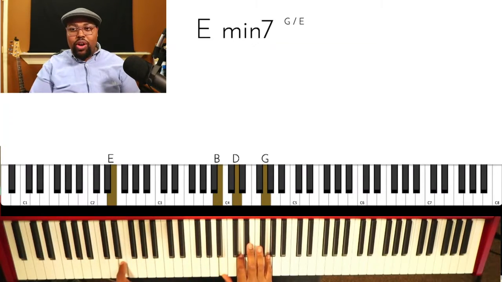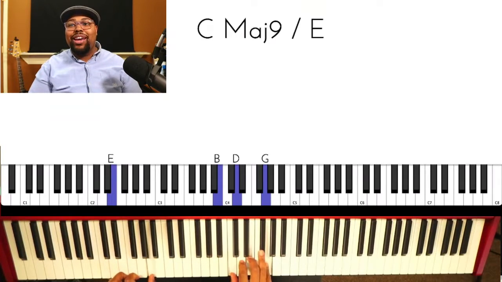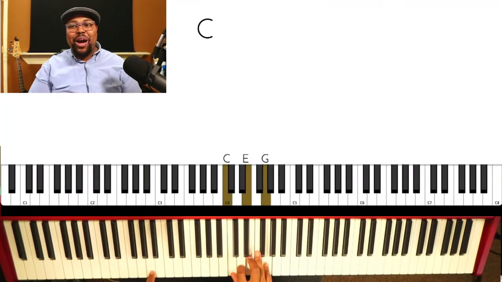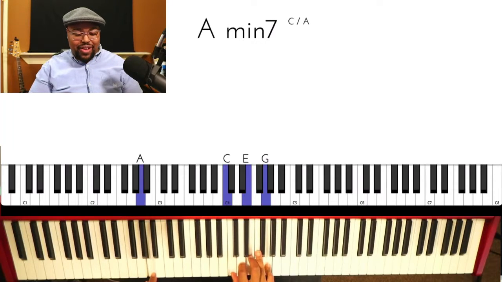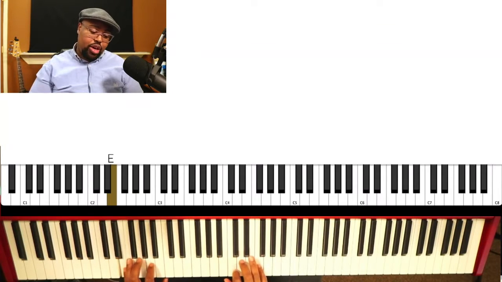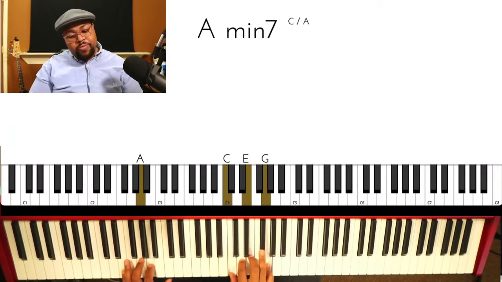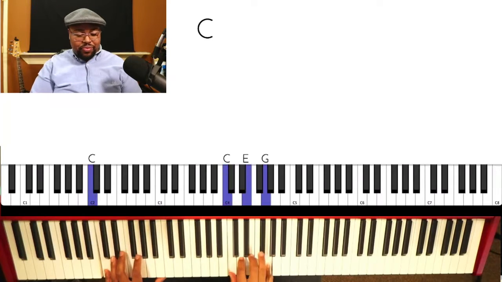This is a G major chord with the E in the bass. Okay, and then I went back to that C major triad, but now I put an A in the bass. Okay, that's what my bass line is doing: A, G, E, A, right? So far I got this.